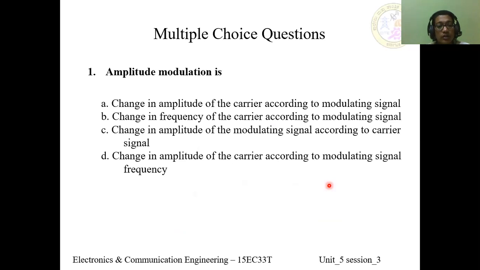Question number 1. Amplitude modulation is: A, change in amplitude of carrier according to the modulating signal; B, change in frequency of carrier according to the modulating signal; C, change in amplitude of the modulating signal in accordance with the carrier signal; D, change in amplitude of carrier according to modulating signal frequency.